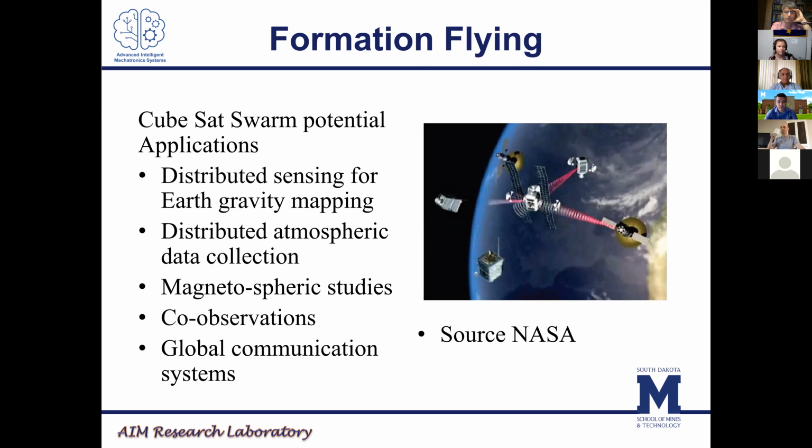So if you split all of the different parts of that satellite off and had them all be an individual microsatellite, then if any one of those components failed, you could just replace that one part of it, and it would be a lot easier and cheaper. These can also be better because you can take multiple measurements of the same data to try to get a better average of the sample.